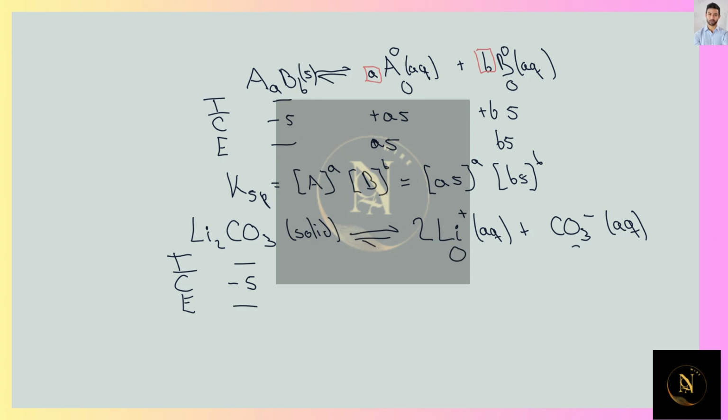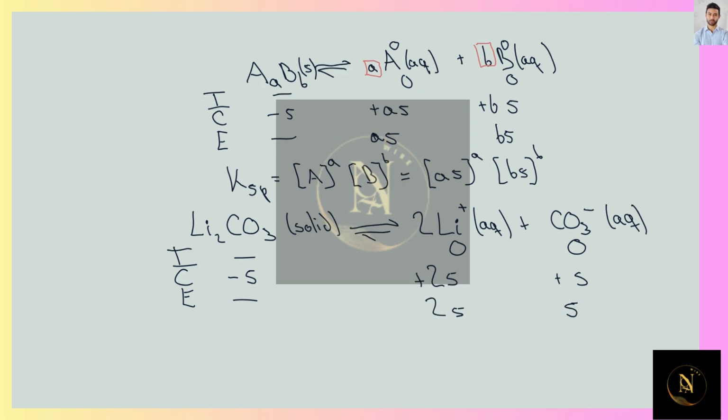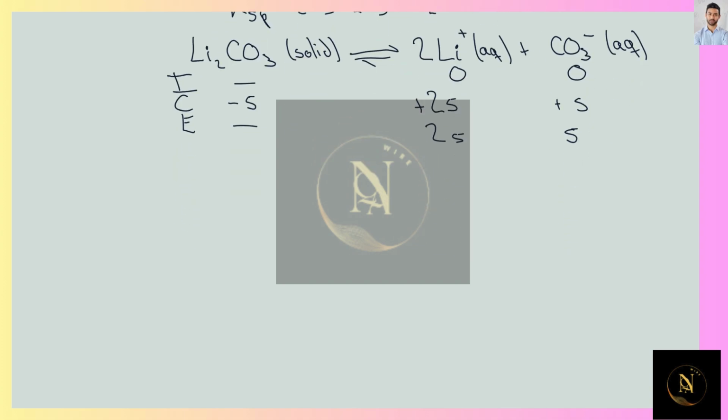At the beginning, we have 0. For lithium, we're going to have 2S. For carbonate, we're going to have S as change. So at equilibrium, the quantities that we have are the following. If we look up on a table, the Ksp for this compound is going to be 2.5 times 10 to the minus 2.